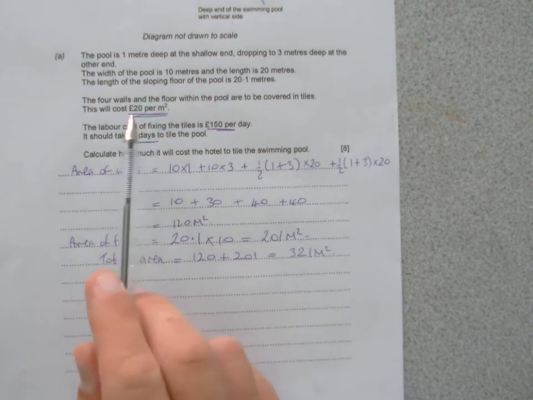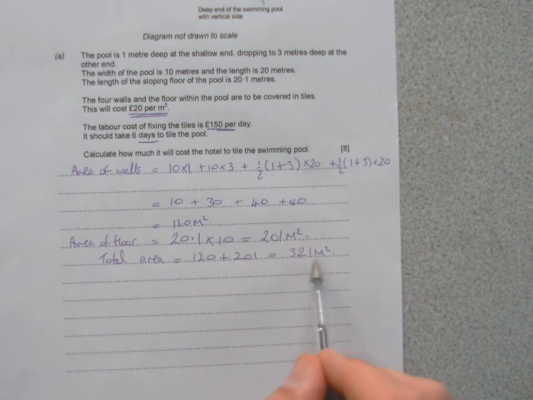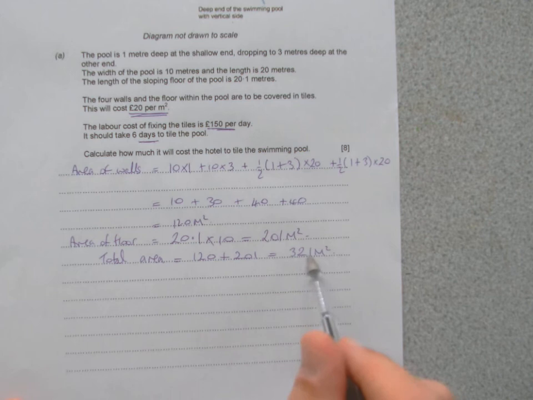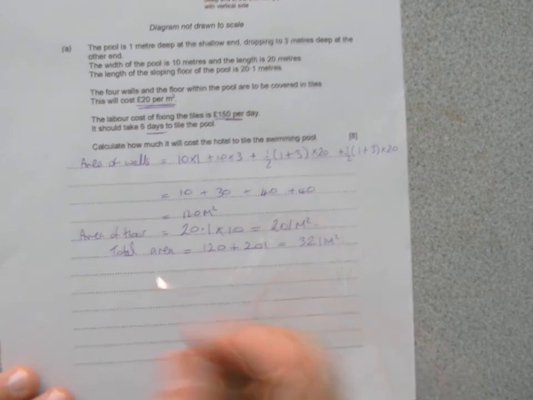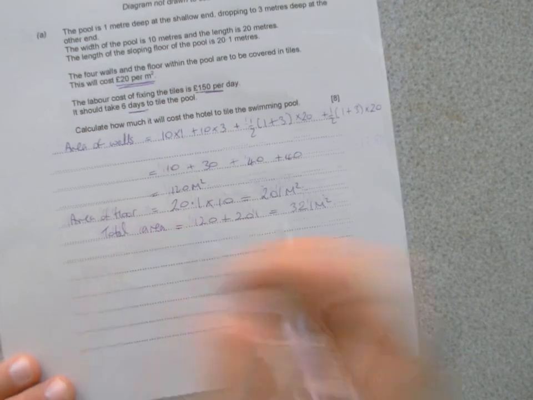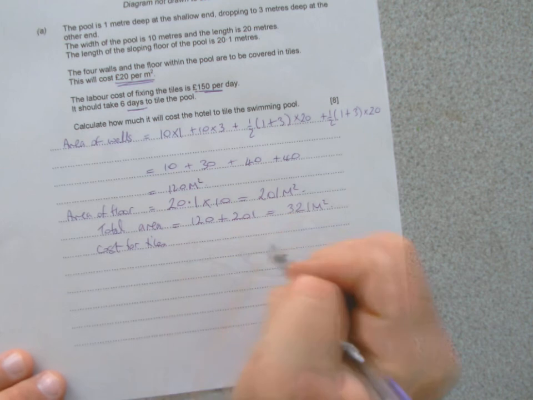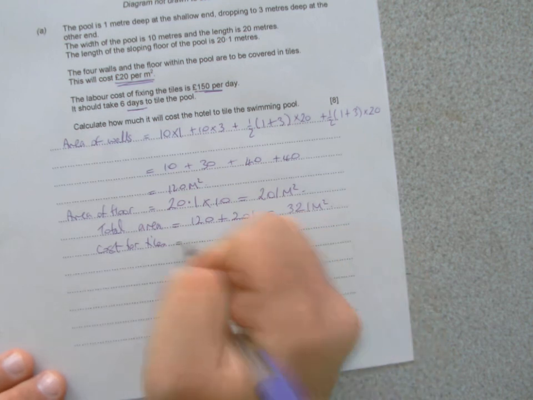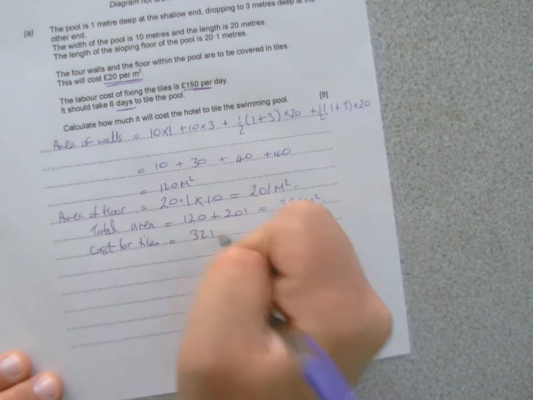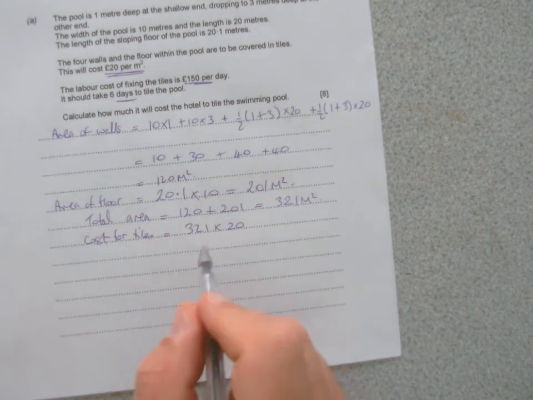Then it goes on to say the cost of each tile will be £20 per meter squared. So every meter squared is going to be £20. We need to multiply 321 by 20. So the cost for tiles and all the materials will be £20 per square meter, so it'll be 321 times 20. When you times by 20, it's really easy.